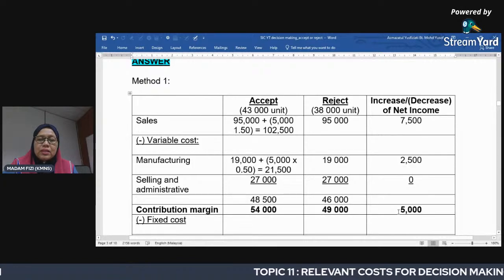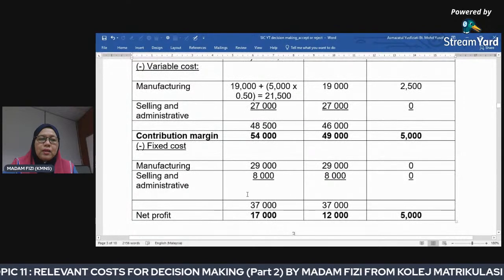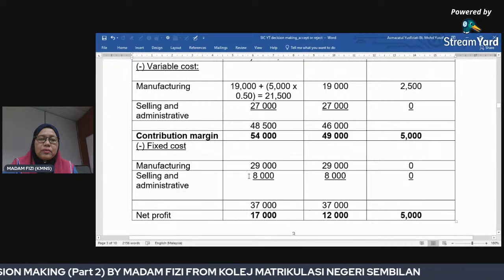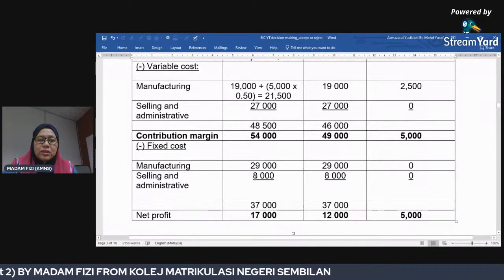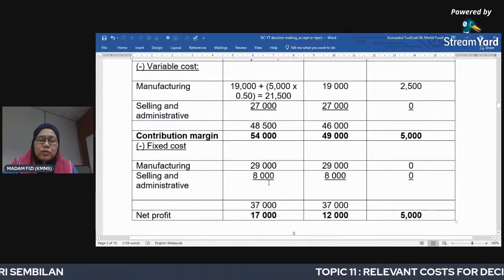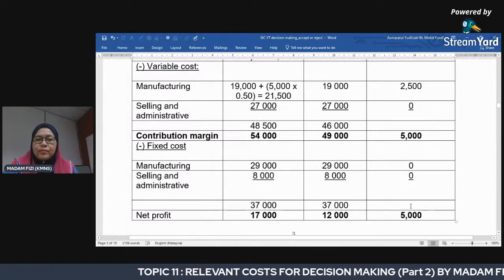So the difference is 5,000. And then awak buat saja the fixed cost. The fixed cost sini for manufacturing is 29,000. For selling and administrative is 8,000. So the total fixed cost is 37,000 for accept and also for reject. So the difference is 0.